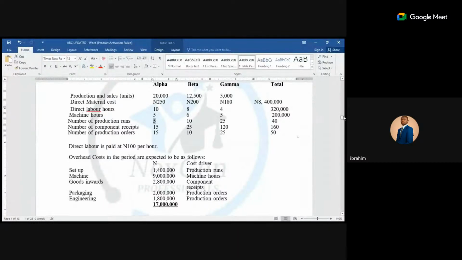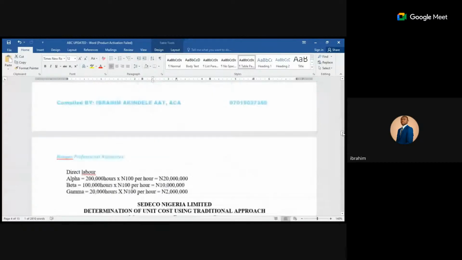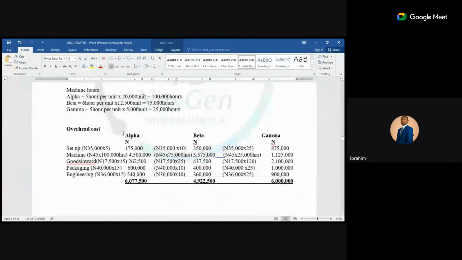So we need to know the cost of each of the setup. That is why you have 35,000 times 5, right? The same thing is applicable to beta, 35,000 times 10. That is the production run. So we want to know the costs that you incur based on this production run.